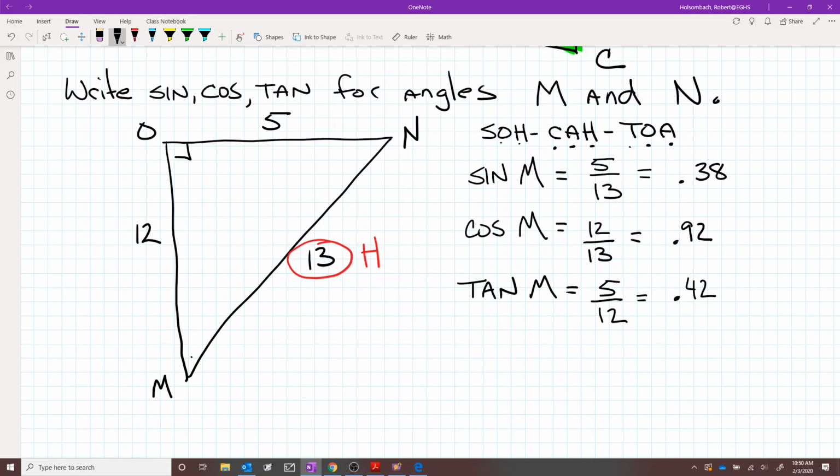Because later we're going to be using the sine of angle M to find leg lengths and angle measures. The more decimal places that you have, the more accurate your answer will be. We used to use 4 places. It does become a lot of writing though, but it's more accurate. 0.3 or 0.4, in that case it starts to get real inaccurate.